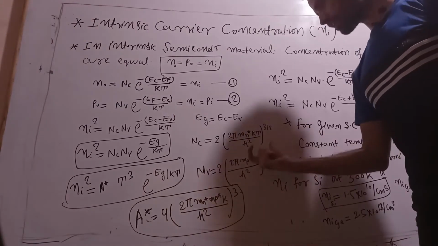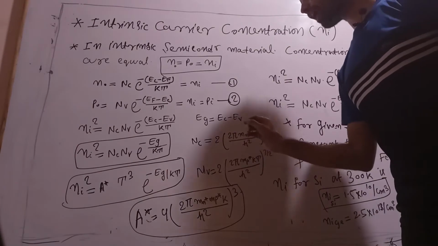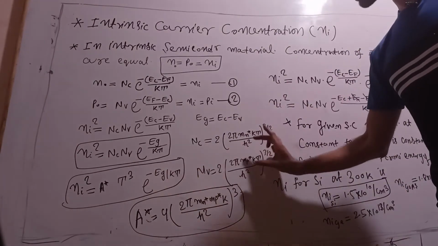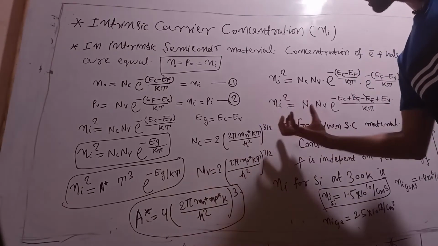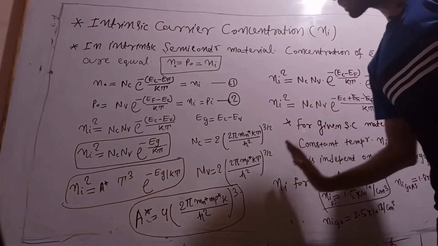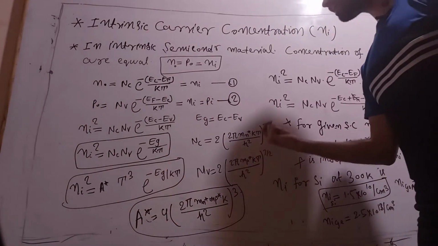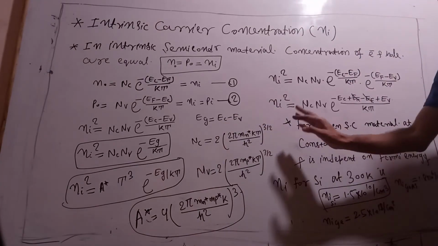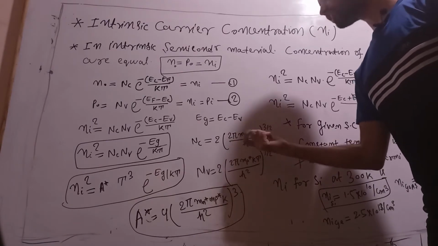It can be determined at low temperature. This effective mass is a measure of how well the particle moves within the crystal, and slightly, it is also a function of temperature.